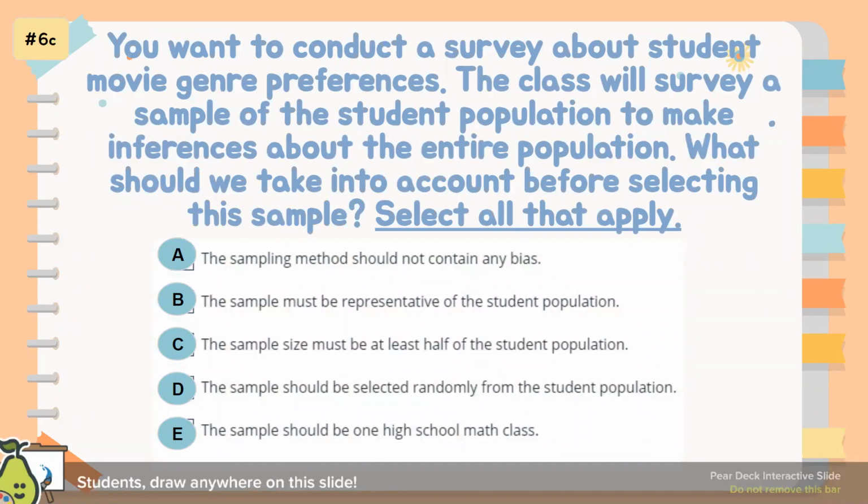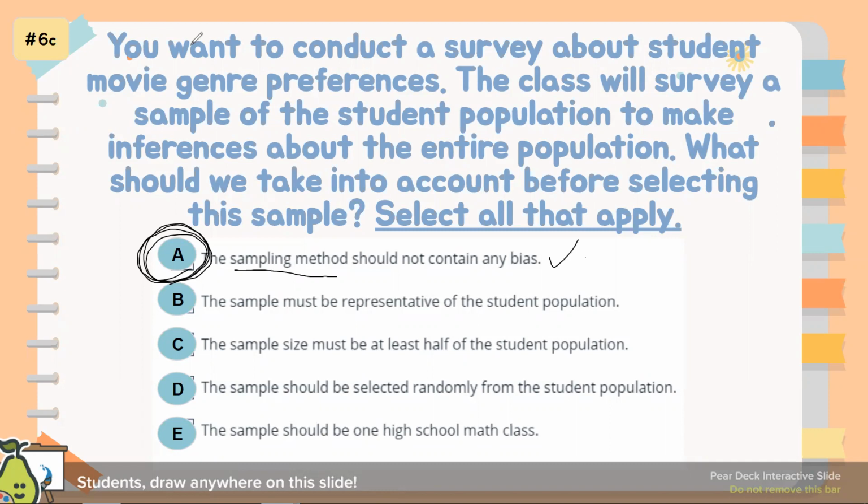So what should we take into account before selecting the sample about student movie genre preferences? Select all that apply. Option A: the sampling method should not contain any bias. And yes, we would want to make sure that we sample appropriately so that there's the least amount of bias as possible.